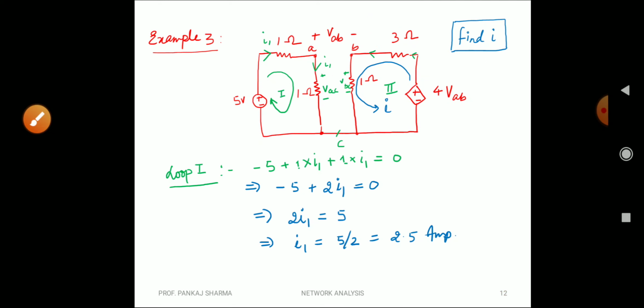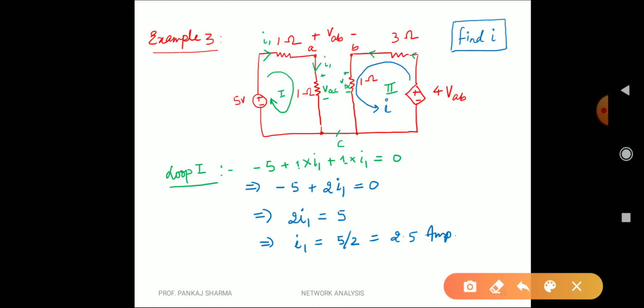Let us come to the KVL. Before applying KVL, just do the necessary sign convention. In the direction of I1, we have assumed the direction of I like this. When the direction of I1 is entering the resistance, it is plus.